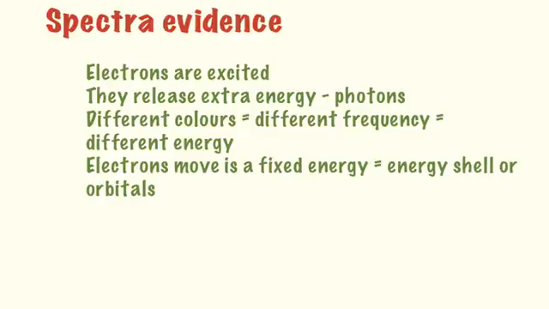So it's like a fingerprint for a particular atom. Scientists have used this idea for quite a long time, and it's very important for astronomers, because they can work out the chemical composition of stars based upon the spectra that we get. Each of those lines corresponds to a jump of an electron as it falls back and releases energy.